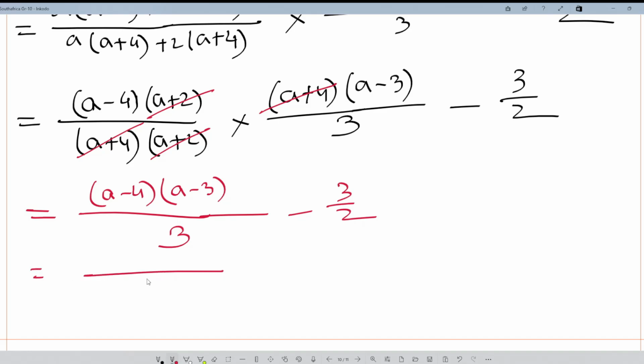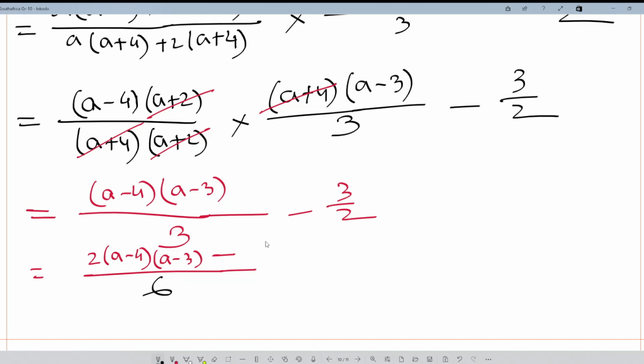So we can make the LCM 3. Here is 2 times a minus 4 times a minus 3, then minus. The LCM was 6, sorry, it should be 6.